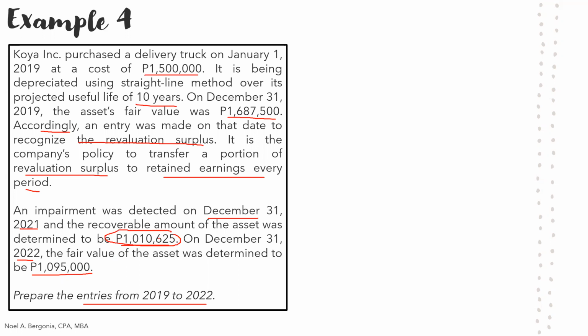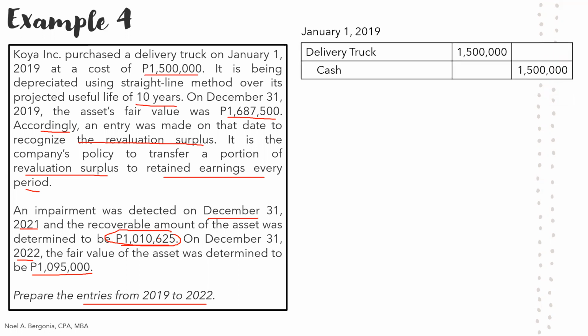Okay. So first, we record the entry at the date of purchase. So we debit on January 1, 2019, delivery truck, and credit cash. Okay, so that's the entry to record the purchase. Then on December 31 of the same year, you need to recognize the depreciation.